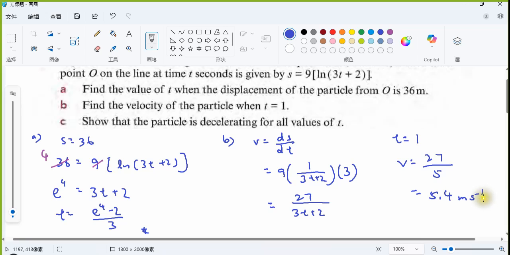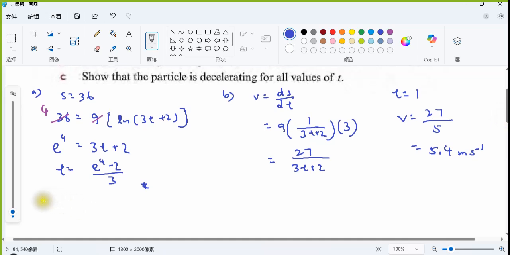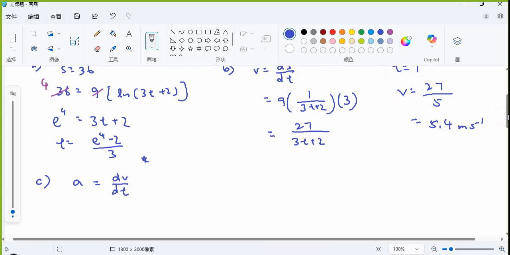Show that the particle is decelerating for all values of t. So for acceleration, we find a, which is the first derivative of the velocity.